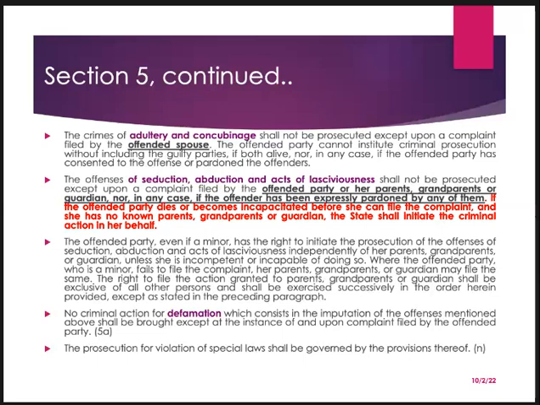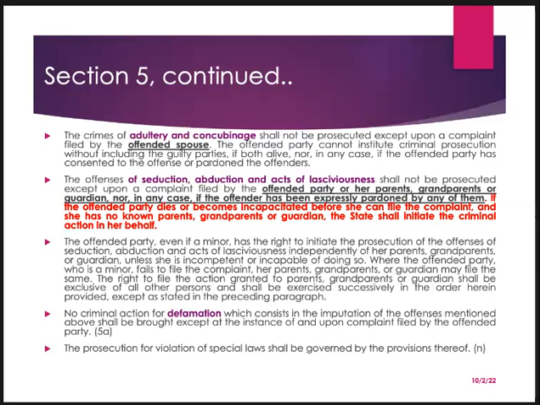So basically, the crimes enumerated in Section 5 of Rule 110 are crimes which cannot be prosecuted de officio. Crimes which cannot be prosecuted de officio, meaning only upon the instance of the private offended party can the case be instituted. Okay, because these are private crimes.